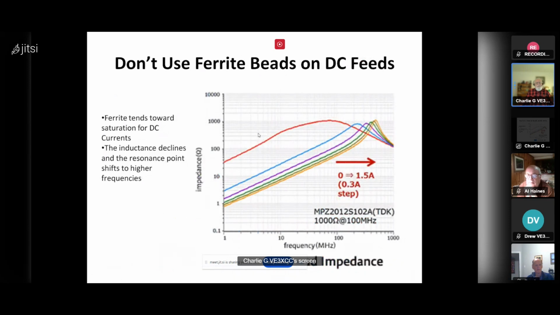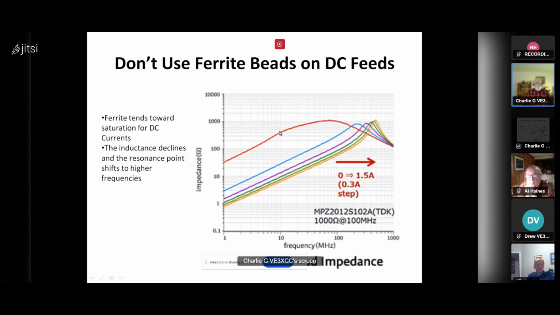The other interesting thing about ferrite beads is the impact that DC has on them. This one I found really quite shocking. Pick your frequency at 10 megahertz, let's say. At 10 megahertz, we're looking at about 300 ohms with no DC on it at all.